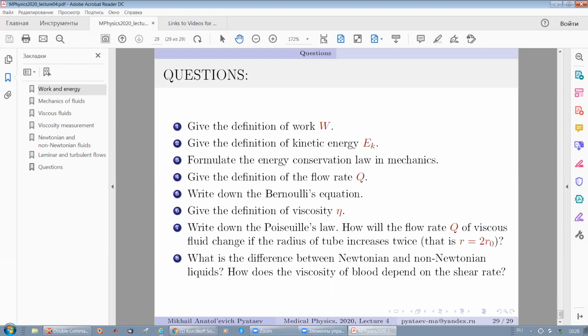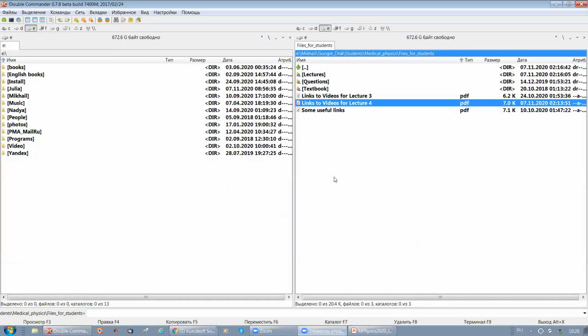So now I'm going to send you the files with my links. Sorry, how to send it? I need to use chat. Oops. I don't see how can I... Oops.